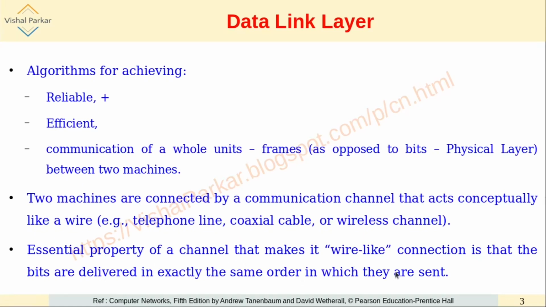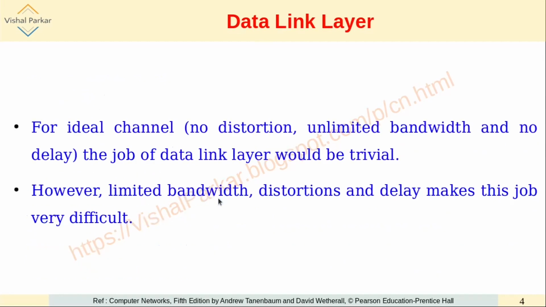So if 5 bits were sent as 10101, they will be received in the same sequence as 10101. So this is what is meant by the wire-like communication channel, for which reliability and efficiency will be important, and this is the duty of the data link layer.